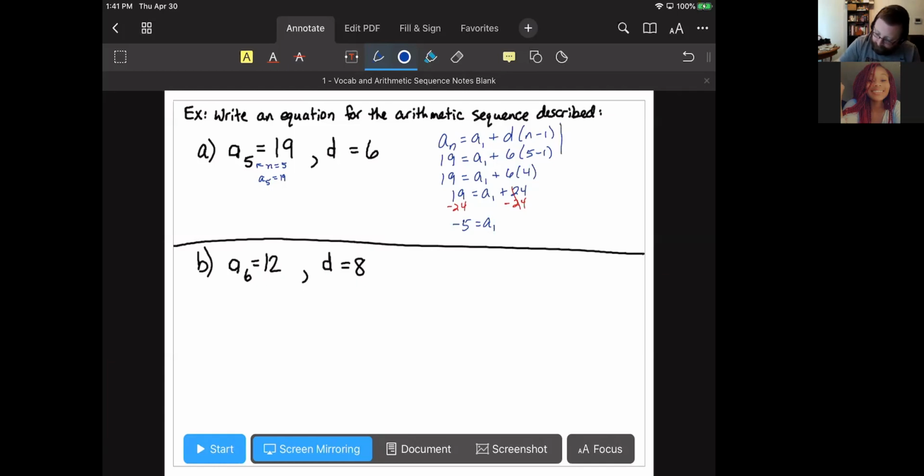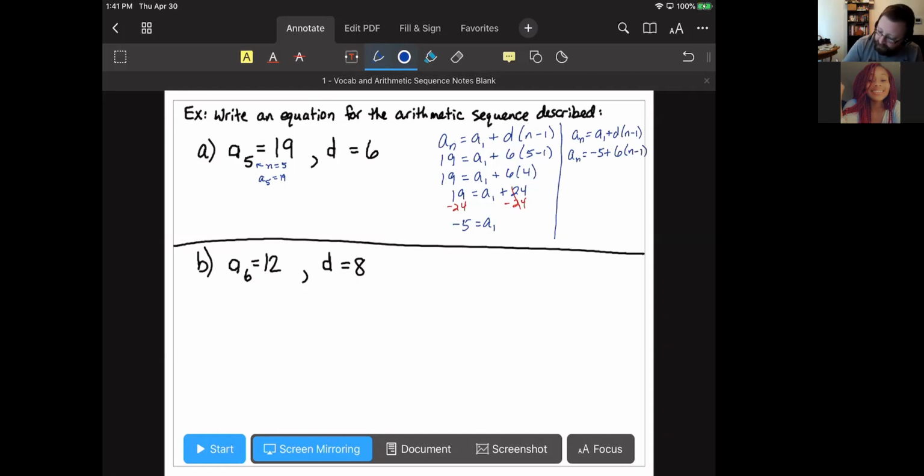Then we turn around and we go back and we do it again. But this time we leave it, just like we did on the previous page, we leave a sub n and n in the equation and only plug in the first term and the common difference and do exactly what we did on the previous page.